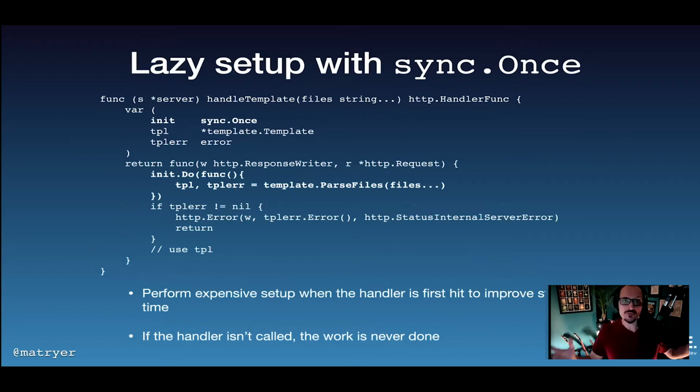Now, remember that every HTTP request is its own goroutine, so you could have 2 requests hitting the same thing at the same time, and you don't want to do the setup and tread on each other's toes, especially if you've got shared data, like in this case. So sync once protects you there, because whichever is the first request will trigger the function. Everything else will wait until that function's finished, and then they'll all continue.